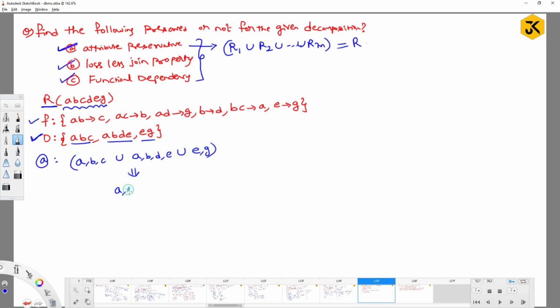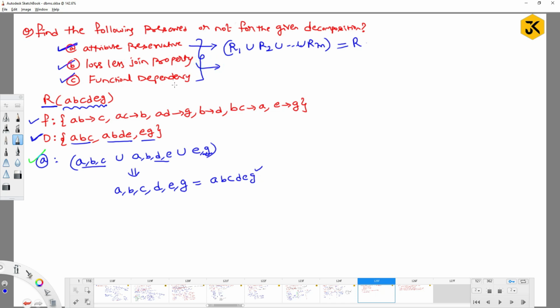All the attributes A, B, C, D, E and G. Is it equal to the actual relation attributes A, B, C, D, E, G? Yes, so I can say that attribute is preserving.